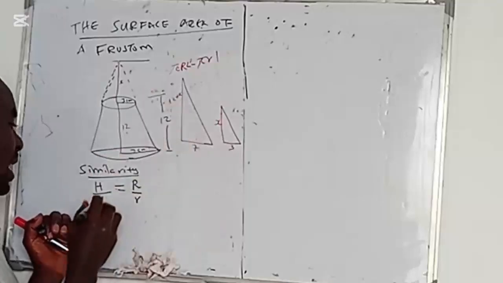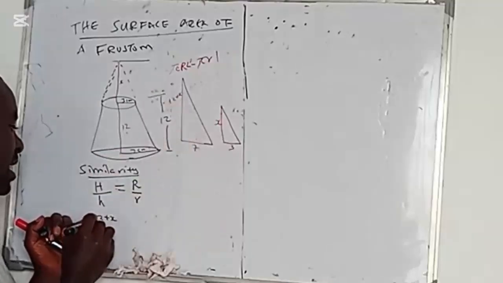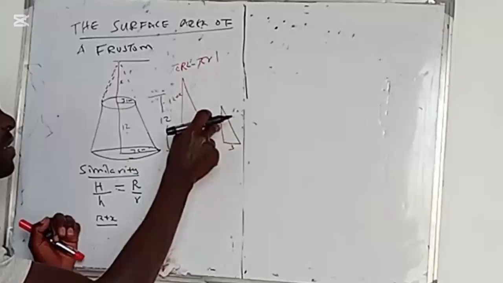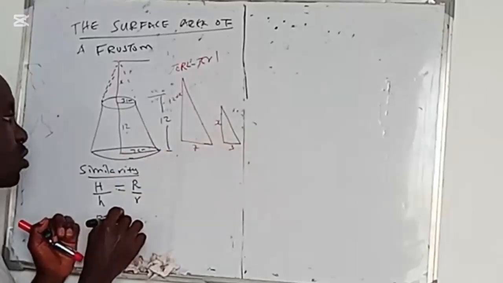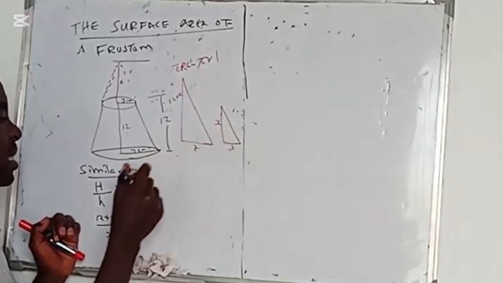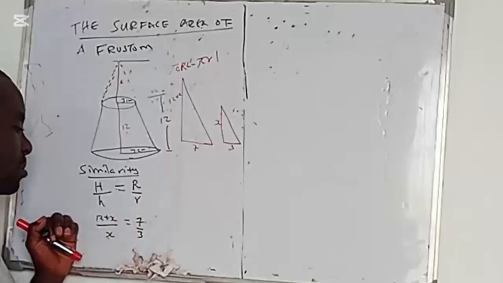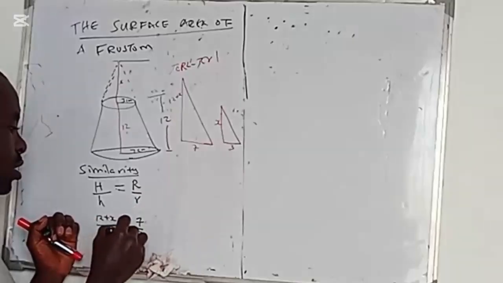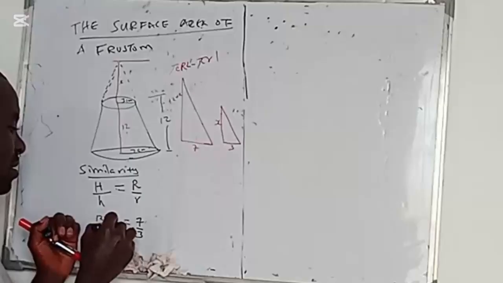Therefore, my big height is 12 plus x. So this side divided by this should be equal to this side divided by this. So what do we do? Cross multiply both sides.